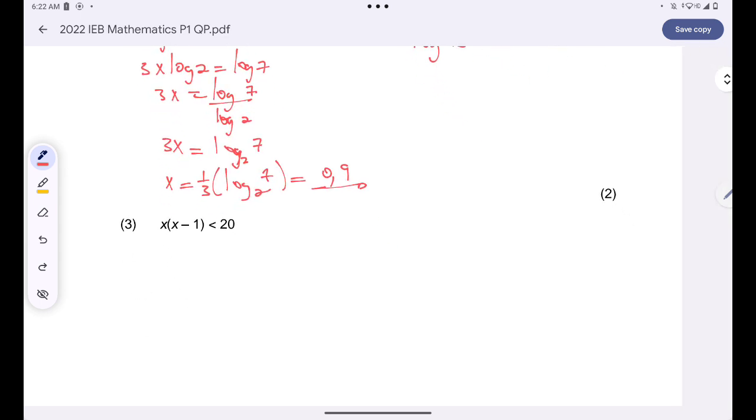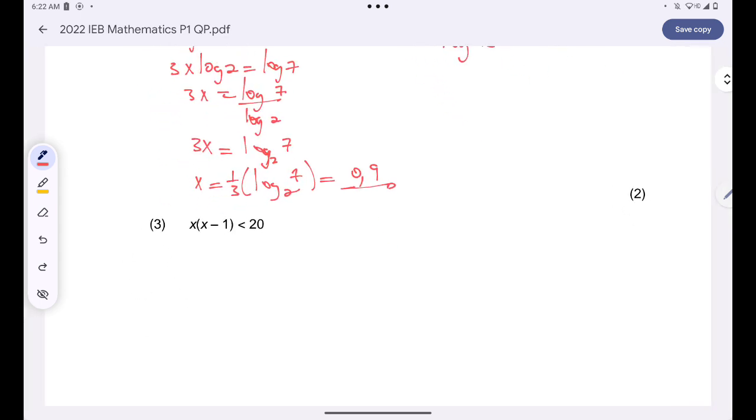Okay, number 3, I'm supposed to solve the inequality. The first thing I need to do is remove the brackets. I'll simply have x squared minus x, and then I must bring the 20 to the other side so that my inequality will be in standard form. I'll have x squared minus x minus 20 is less than 0. The next step is to factorize. Why do I need to factorize?